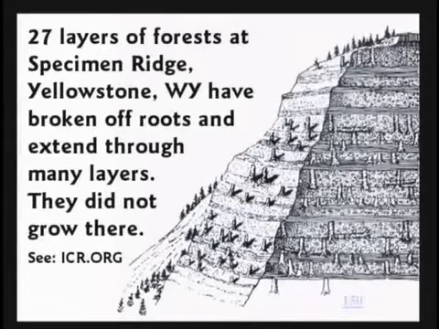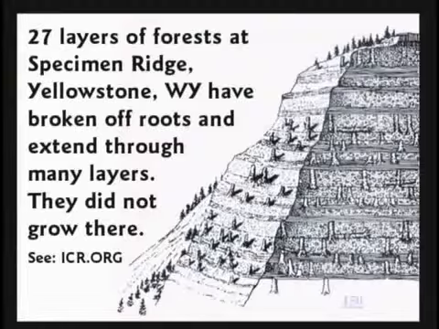So they'll say, this layer here had to be here for at least 500 years, and then sediments came in, a new forest grew on top, and that lasted 500 years. And then sediments came in, and a new layer on top, and you take 500 years times 27, that's more than 6,000. That proves the Bible's wrong.